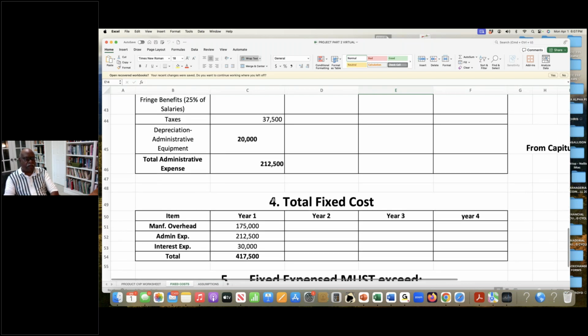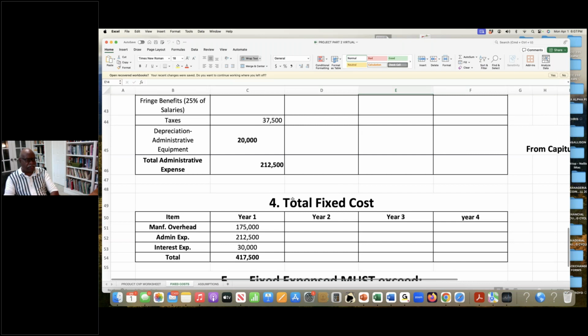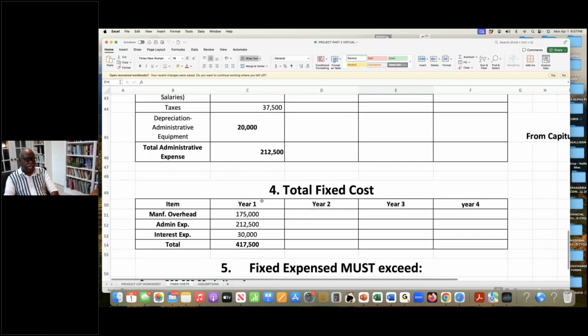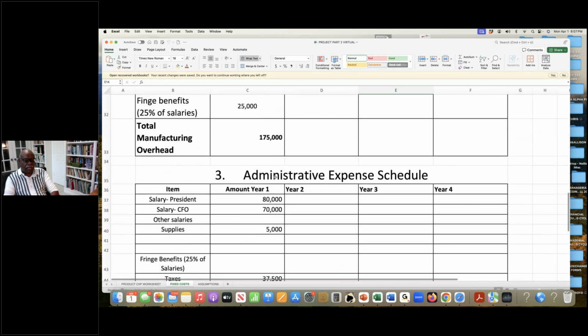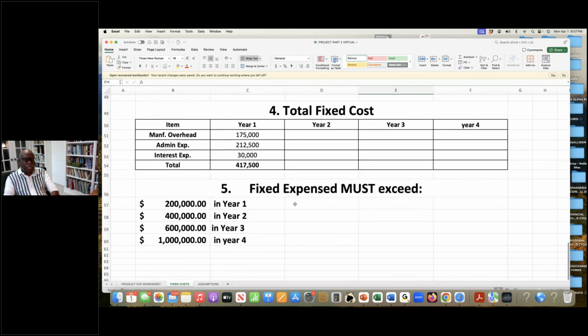But you got to go through, check the financial statements for the product that you're making, check on what the financial statements are, and then come in with numbers. Your fixed expenses in year one has to be at least 200,000, but because you got to produce more in year two, 400, year three, 600, year four, a million.